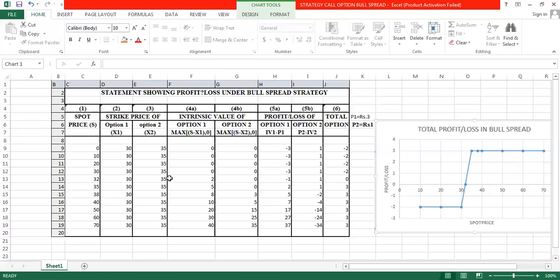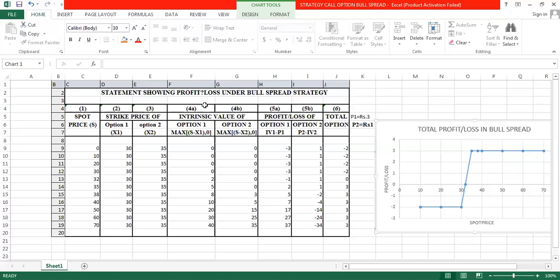Basically, columns 1, 2, 3 are input data; 2 and 3 are confirmed data, and 1 is the spot price which is subject to variability, and we have taken different figures here on some mere assumptions to show the movement.